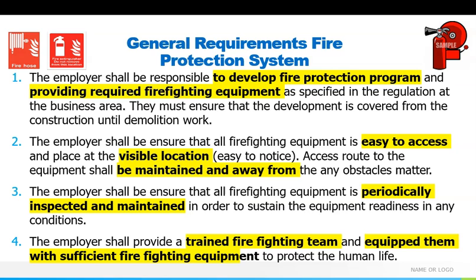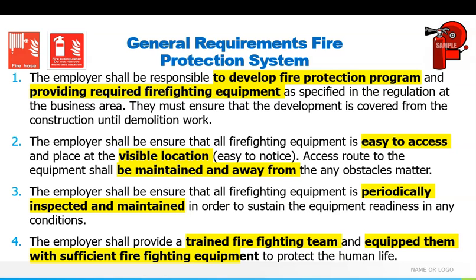So these are the general requirements of a fire protection system. Okay, these are the basic requirements. Whether it's a small or big company, these are what they need to follow. They need to have all of this. First, the employer must develop a fire protection program.